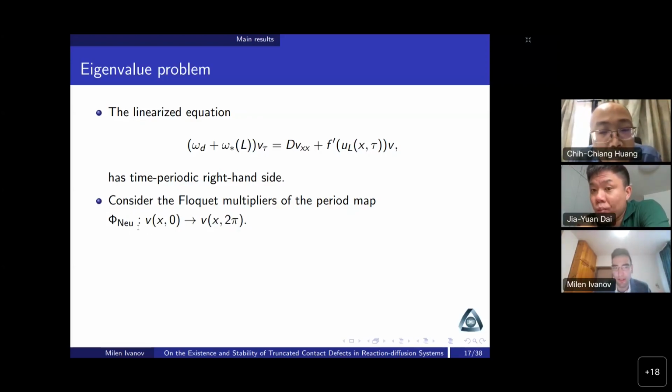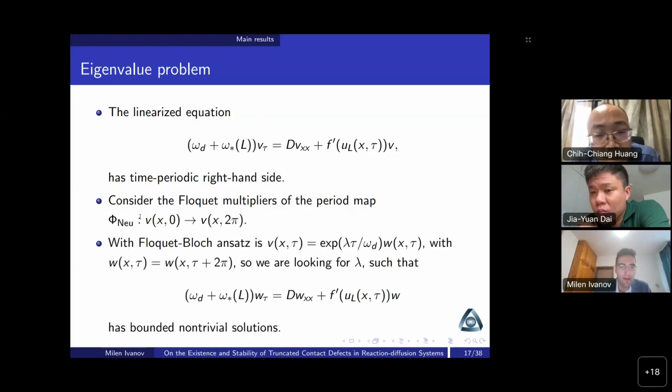It works the same way with periodic. We're going to take this map and talk about the Floquet multipliers. So we have the Floquet ansatz, which is that our function v is going to be exponential in τ times something which is time periodic.